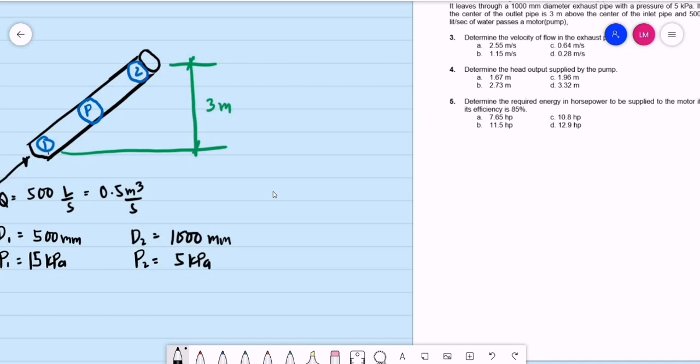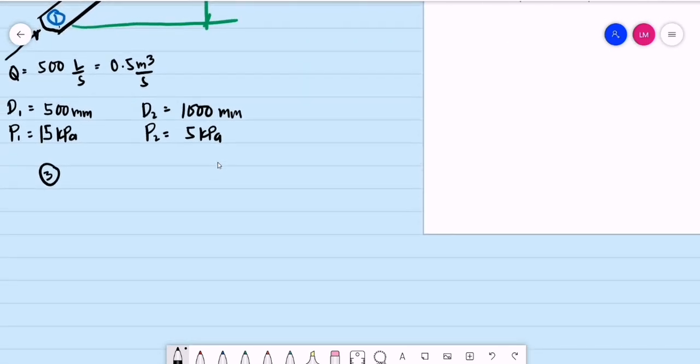So for problem number 3, we are looking for velocity at point 2. Basically, discharge at point 1 is equal to discharge at point 2. By the law of continuity, 500 liters per second or 0.5 cubic meter per second. The diameter at point 2 is 1000 millimeters, or 1 meter. So 1 squared times pi divided by 4 multiplied by V sub 2.